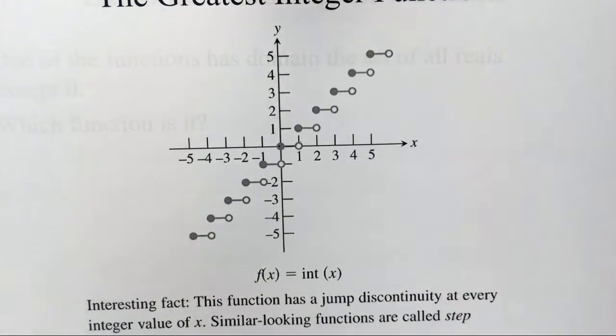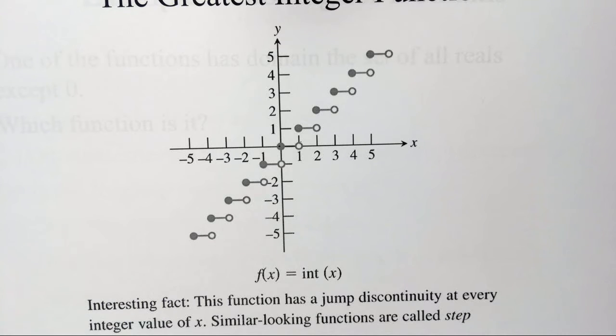The greatest integer function takes it to the integer below it. So what is the integer below 3.7? 3. What is the integer below -1.6? -2. So you go to the integer below it. And that is what the greatest integer function does.